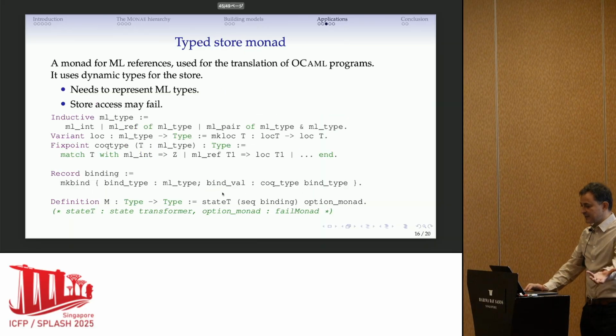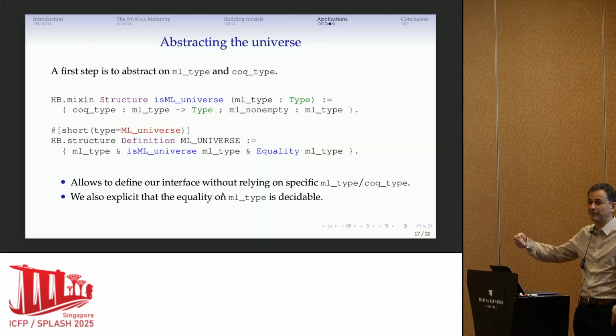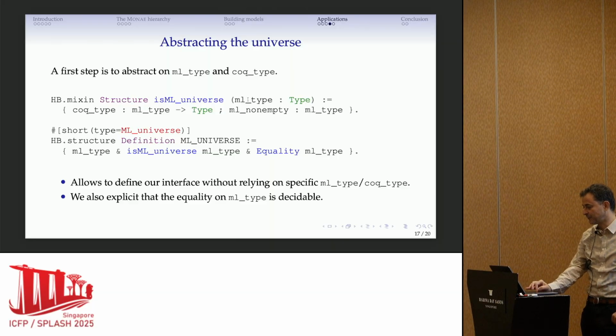But okay, this is the concrete monad, and we need to abstract it. To abstract it, we first need to abstract the universe. The notion I've given of ML type is going to depend on the program you're trying to encode, so we want to be able to change it. We can define an ML universe that is parameterized on the definition of the ML types, with a function code type from ML type to type, and also a type that you know is non-empty.